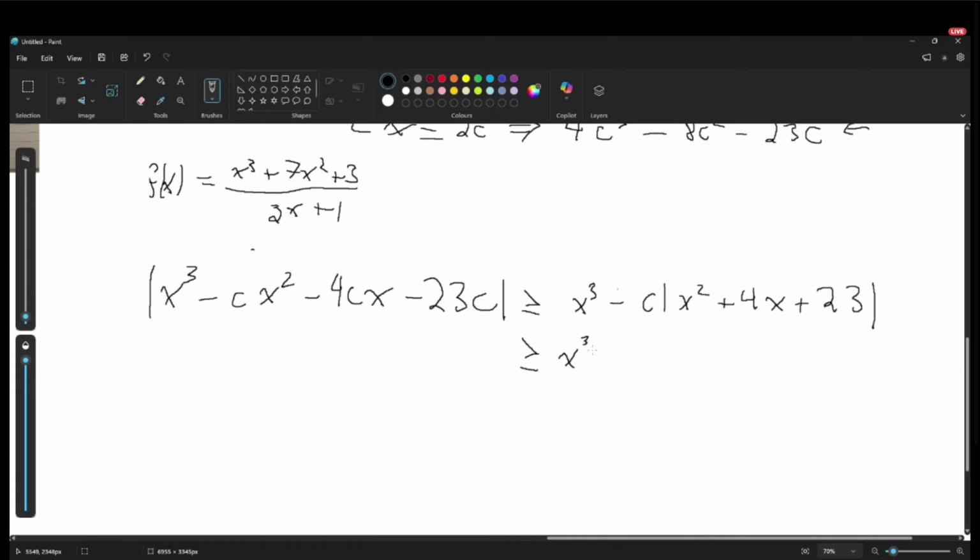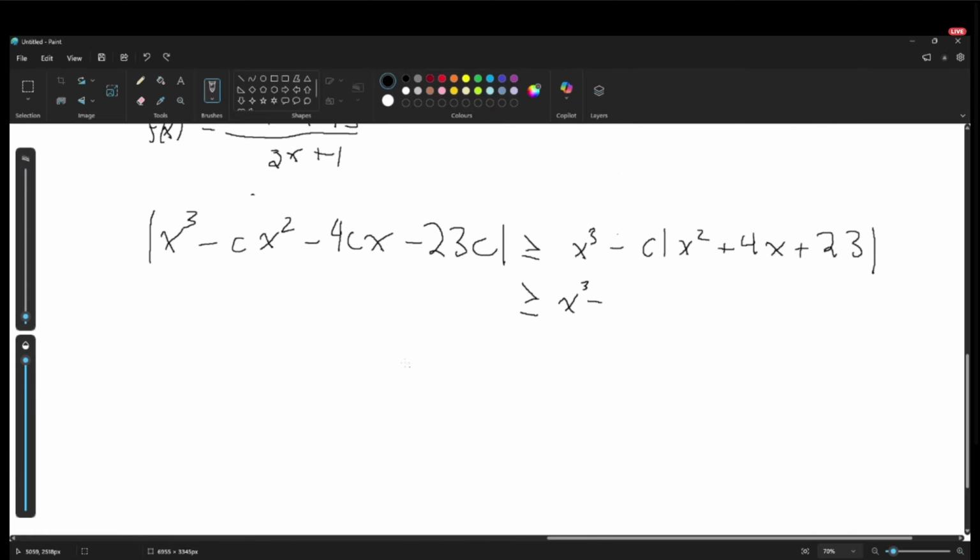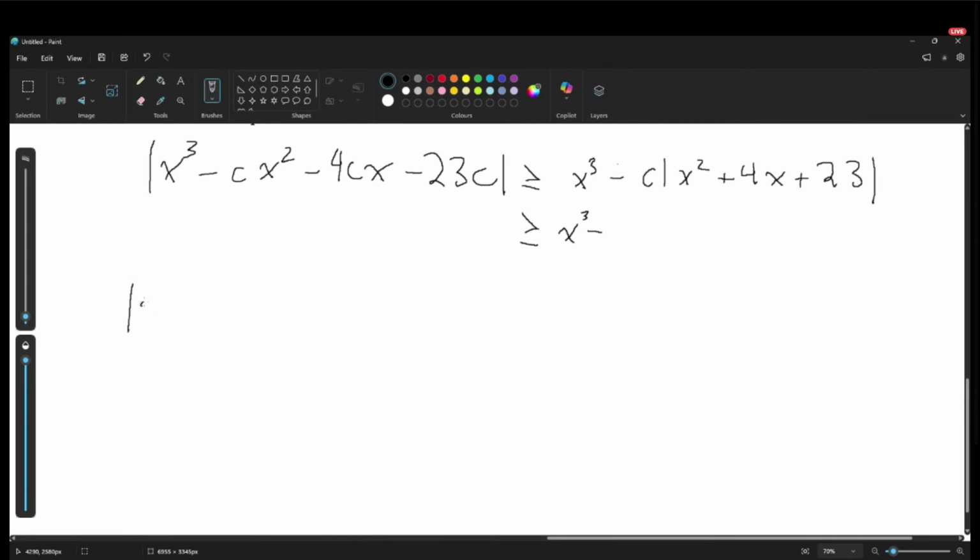x cubed minus cx. Okay, and then we want to find a bound on x squared plus 4x plus 23 in terms of x cubed.